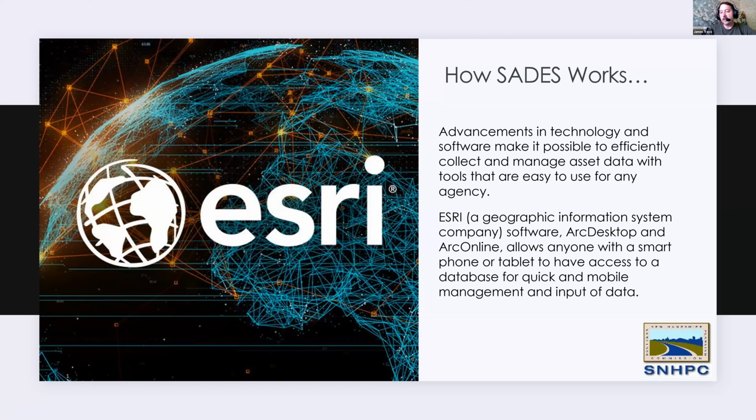It allows anyone with a smartphone or tablet that has a mobile data connection to have access to a database for quick management of transportation infrastructure that you're inventorying, and an easy way to input data into this inventory while you're out in the field.